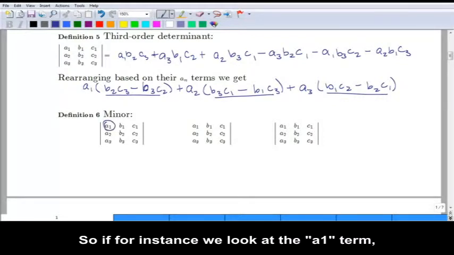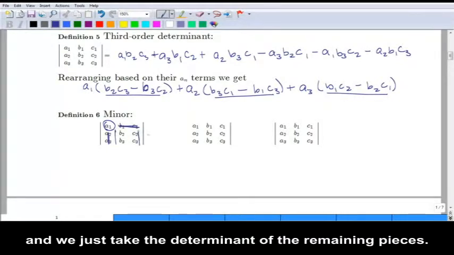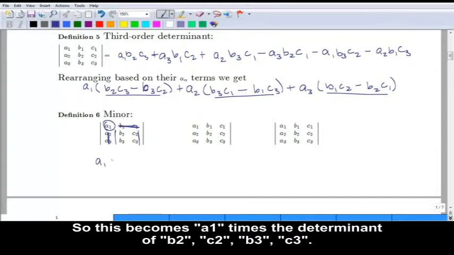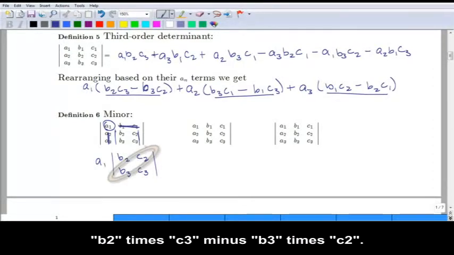So if, for instance, we look at the A1 term, we cross out everything else in its column and its row, and we just take the determinant of the remaining pieces. So this becomes A1 times the determinant of B2, C2, B3, C3. And if you go back up here, that's what you have, B2 times C3 minus B3 times C2.